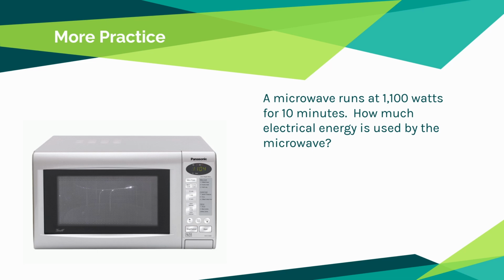So we would do our favorite little metric conversion, moving our decimal 3 to the left, and get 1.1 kilowatts. Then we need to convert those 10 minutes into an hour, and 10 minutes is a sixth of an hour. So we would multiply 1.1 kilowatts times a sixth of an hour to get 0.18 kilowatt hours.